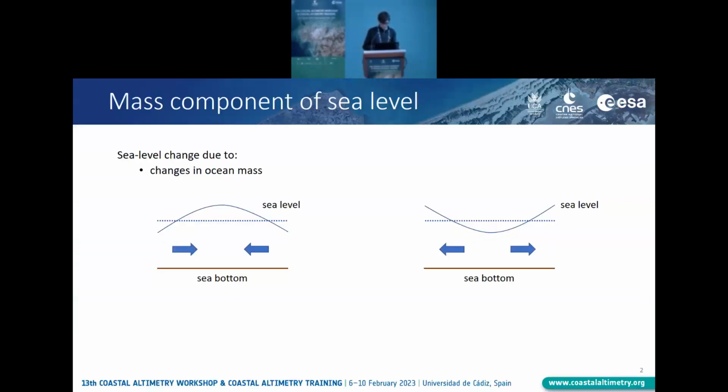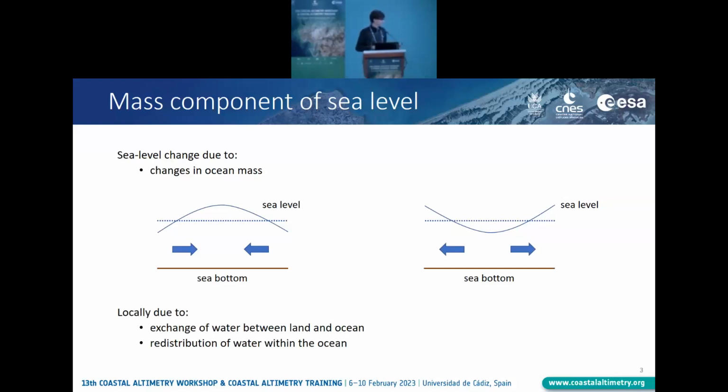To start the presentation, I would like to say very few words about the mass component of sea level and what we mean by that. With mass component of sea level, we refer to changes in sea level that are due to changes in ocean mass. And the idea behind that is quite simple. If water converges in one region, then sea level tends to rise, and if water diverges from that region, sea level drops.